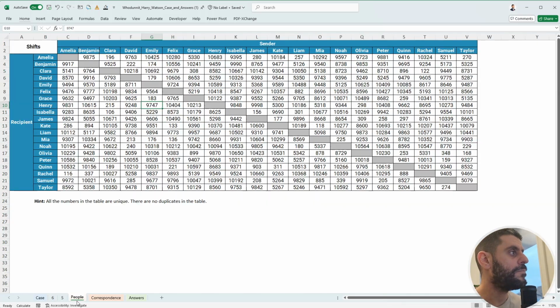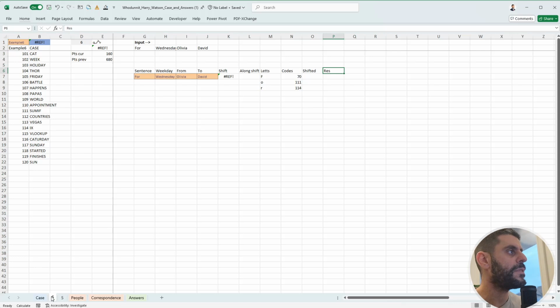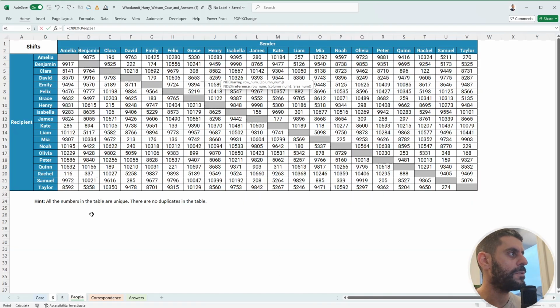In terms of finding the shift, you will have to match Olivia and David in this case. So I'm going to build an index X match approach on this grid. X matching 1 over the rows lock, X matching 1 over the columns lock.